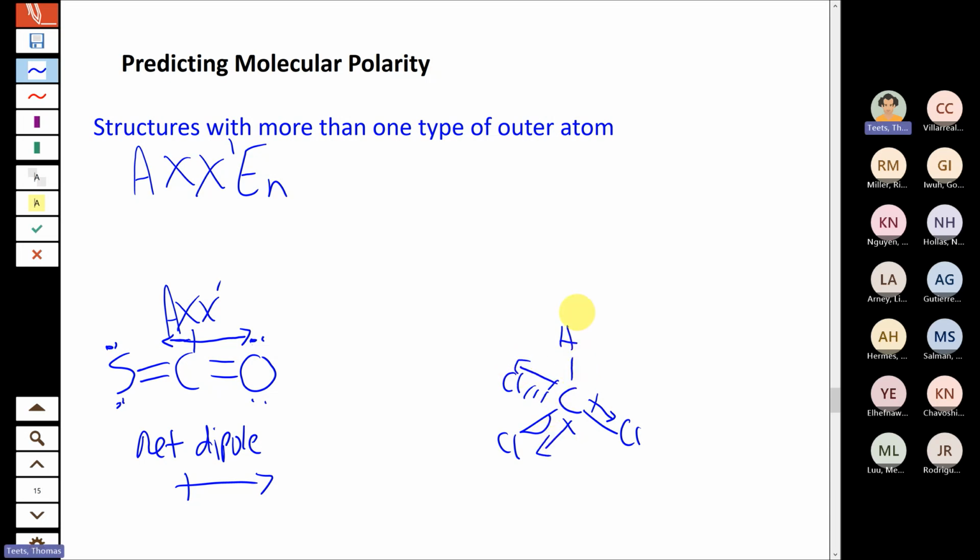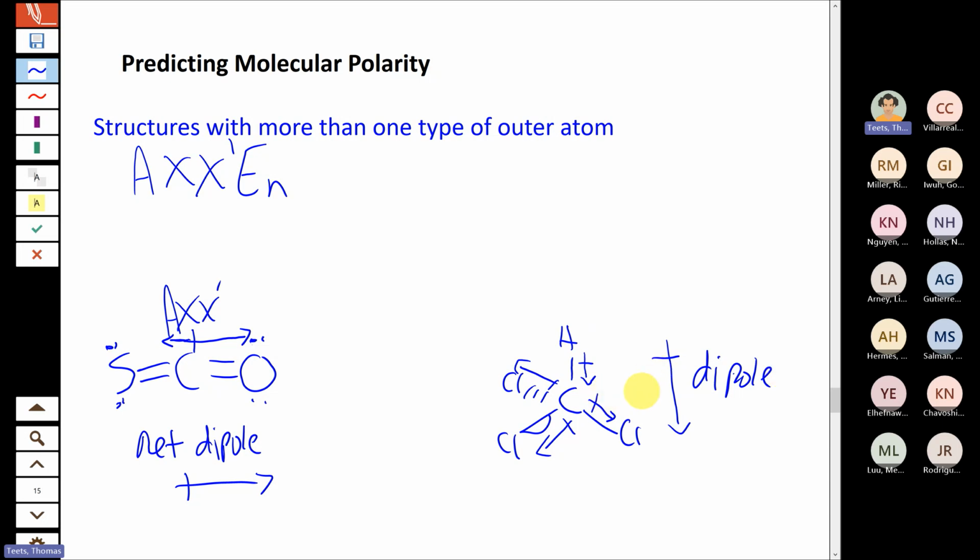CH bonds are not very polar at all, and the polarity points a little bit towards carbon. So again, you don't have 4 equal and opposite dipoles that cancel each other out. You would have a net dipole that points towards those chlorine atoms at the bottom. Not so much concerned with the direction of the dipole in this course, but just making the determination: is it polar or is it not polar? So this one would be polar.